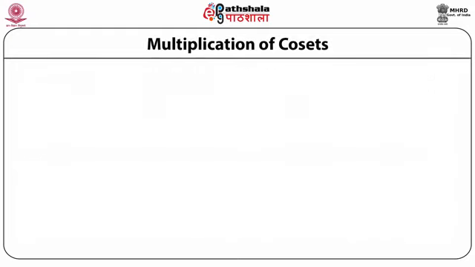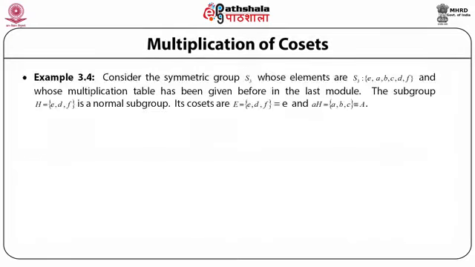We will illustrate what we have discussed above with the help of an example. Consider the symmetric group S3, whose elements are E, A, B, C, D and F, and whose multiplication table has been given before in the previous modules. The symmetric group S3 has the subgroup H with elements E, D and F, and it is a normal subgroup.